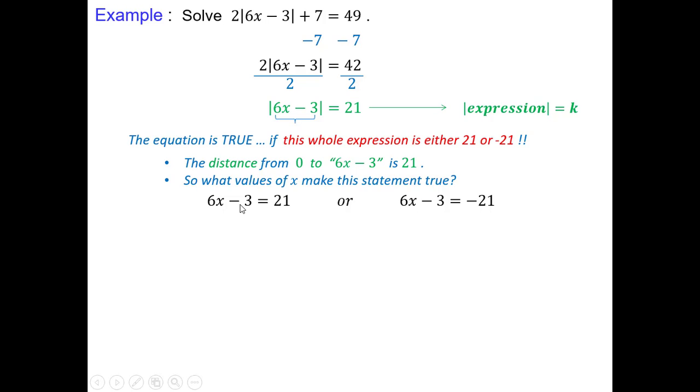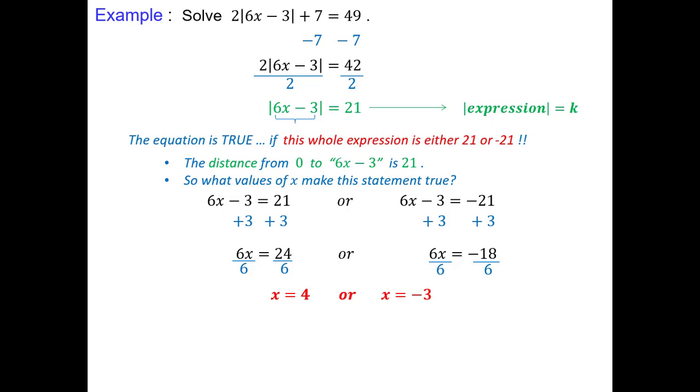But notice in order to isolate x, we're still moving everything in the same way. We're adding 3 to both sides, and now we divide by 6 on both sides. Notice that this does give me, in fact, 2 separate answers, but we can see why that's going to give 2 answers as well if I were to plug this in to the original equation for x. I should get 49 on the right side no matter which number I plug in.